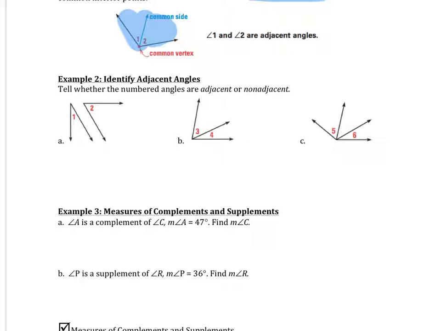So the first one here, we're going to tell whether the numbered angles are adjacent or non-adjacent. I do not have a common side. I don't share anything. This angle has its own side here, and this one has its own side there. So this would be non-adjacent.